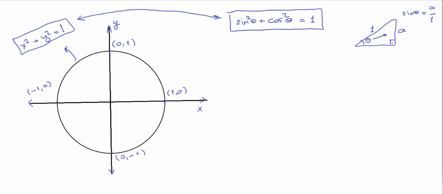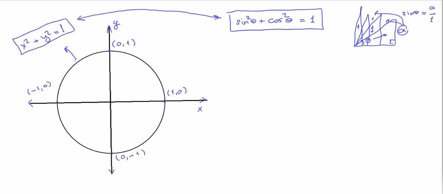What happens if theta gets bigger and bigger? By the way, we're not changing the hypotenuse, it's always 1, and it gets even bigger, right? You can see that a is getting bigger.